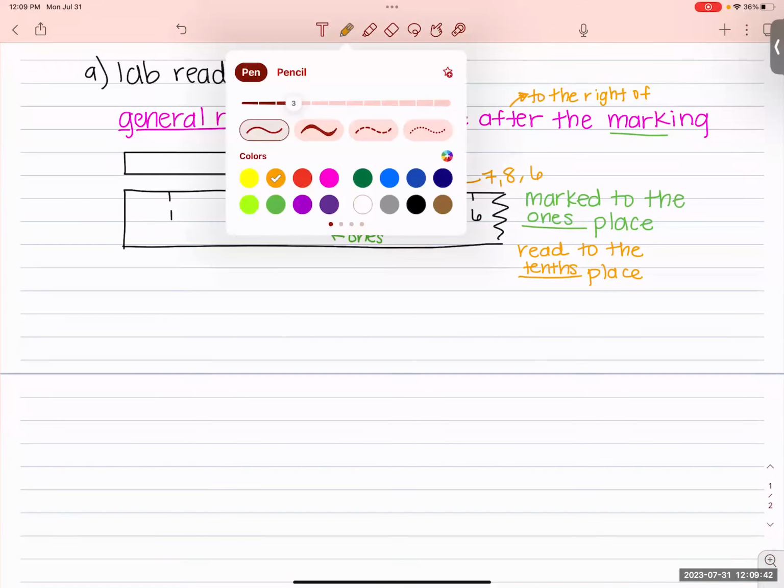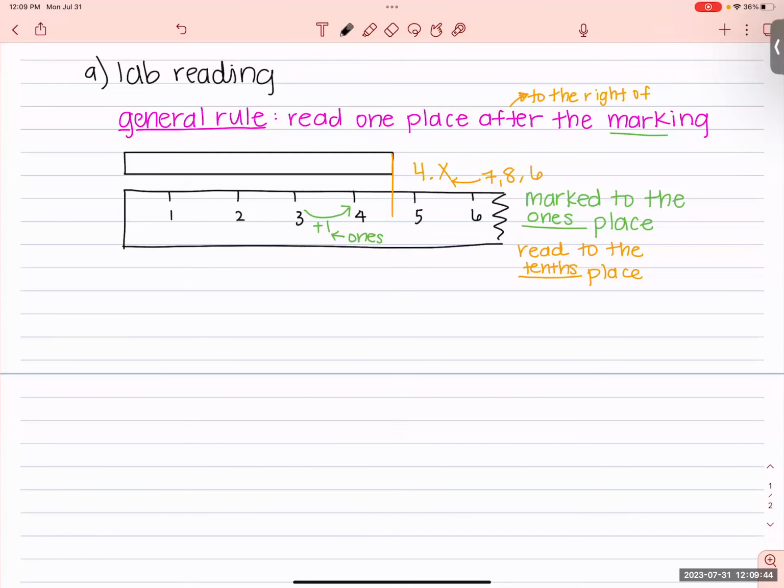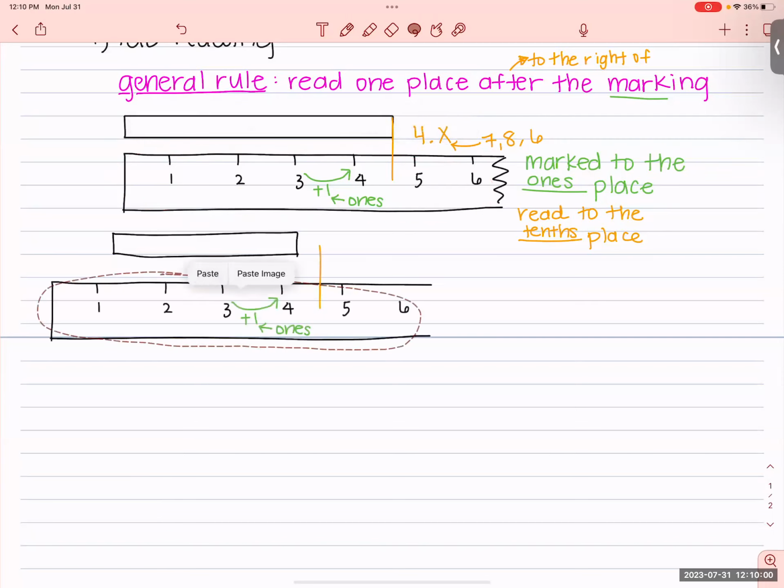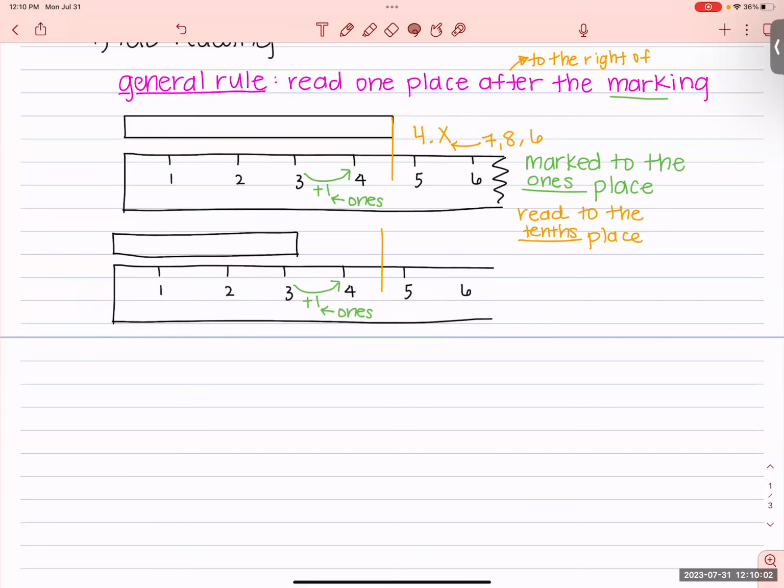So let's look at another example really quick. Let me just shortcut this and bring my ruler over. Let's use the same ruler. But now let me make this sit right on the line for 3.